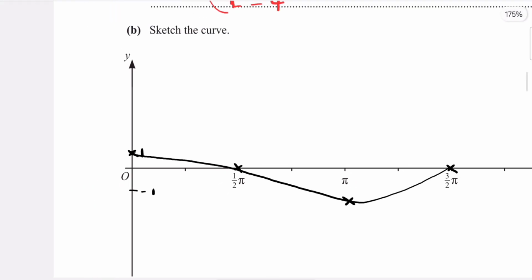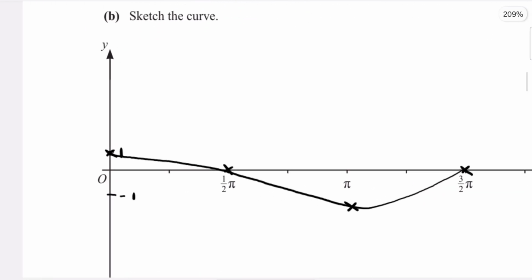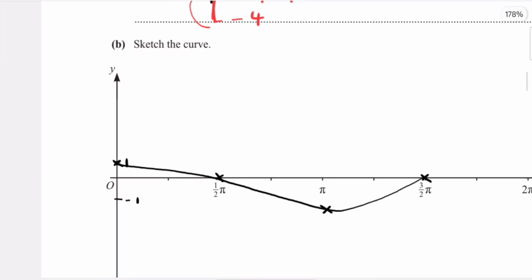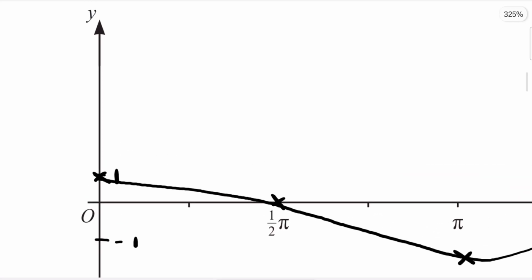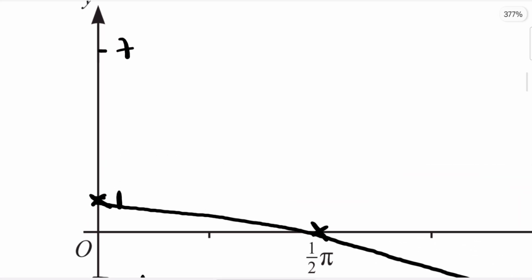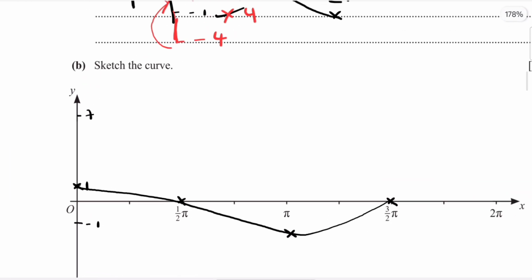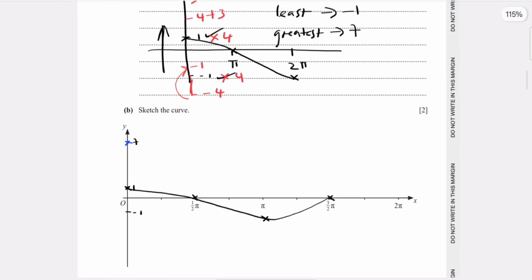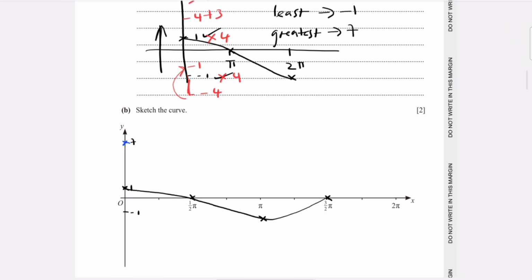Like that, right? But now we know the least value for this curve that we're about to draw is minus 1, and the greatest is at 7, right? So this point that was originally at 1 will now be at 7, right? That's for y, going from minus 1 to 7.